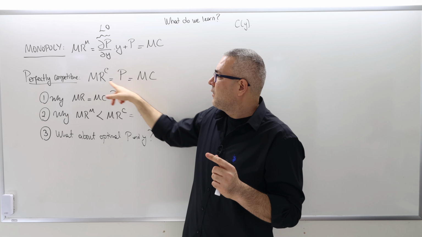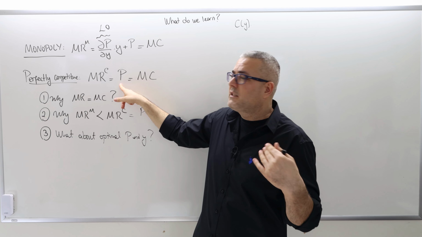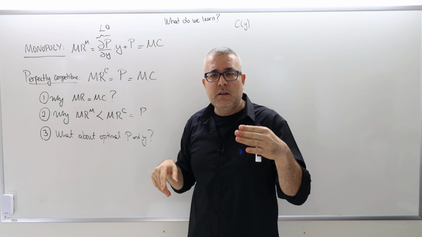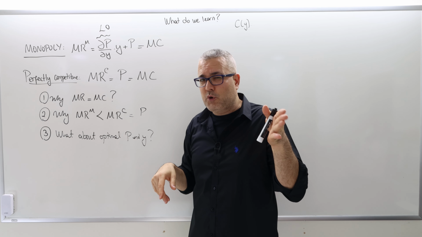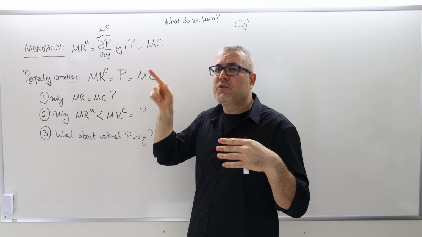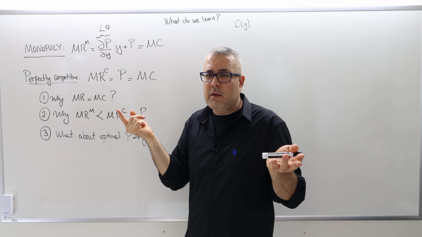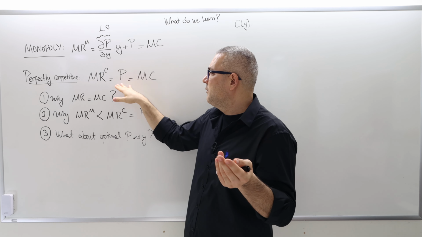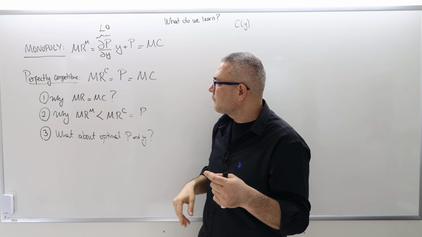On the other hand, for a perfectly competitive market, the revenue is P times Y, and P is given. It's the market price, determined by market demand and market supply. So when we take the derivative of the revenue, we just take the derivative with respect to Y. Therefore, the marginal revenue is equal to price for the perfectly competitive firm. All right?